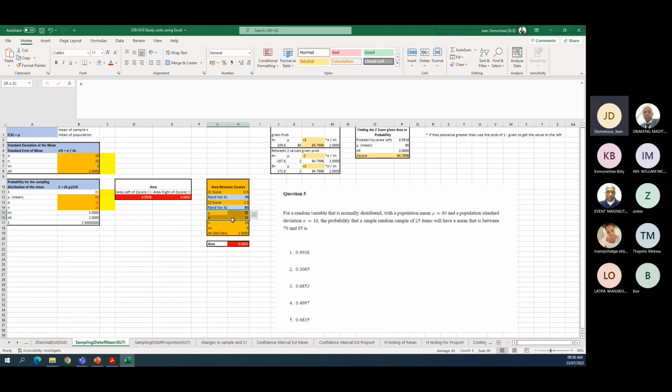That was the other 3 information points: your population mean, your standard deviation, and your n. And with the formulas, we worked out what the area is between the two z's. So again, this is there for you to use.